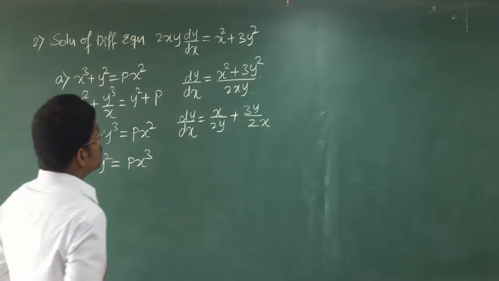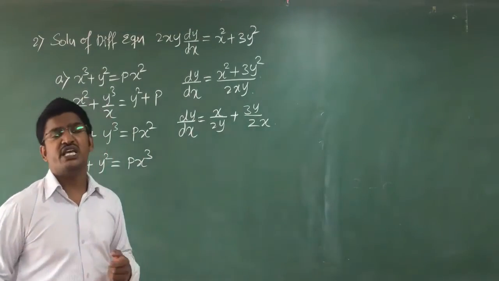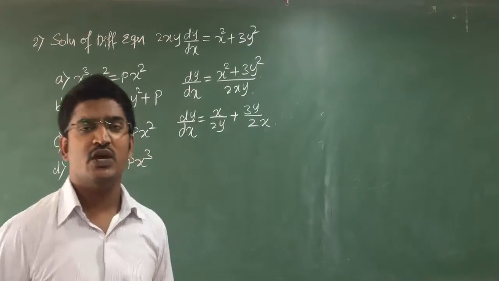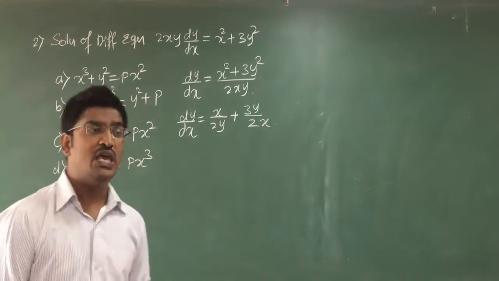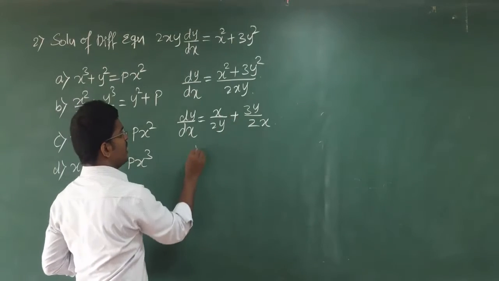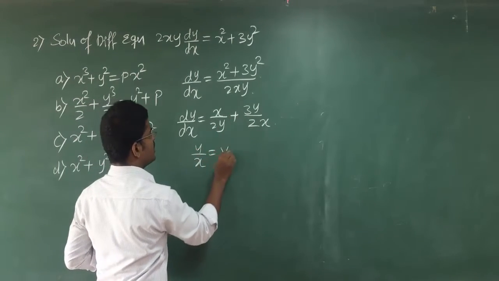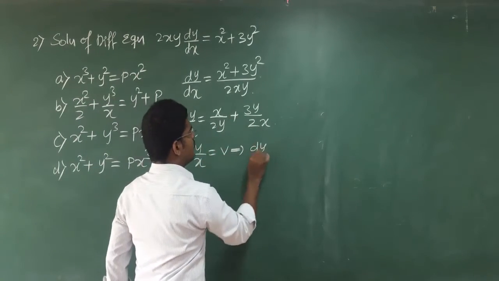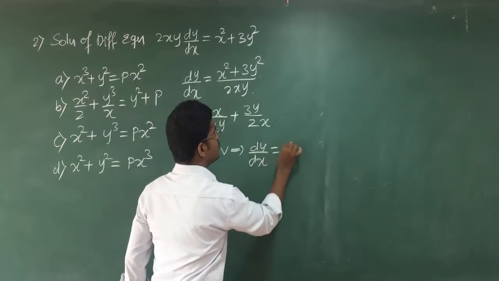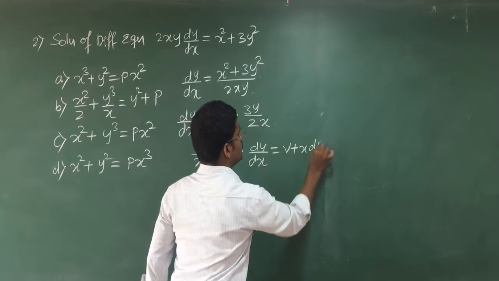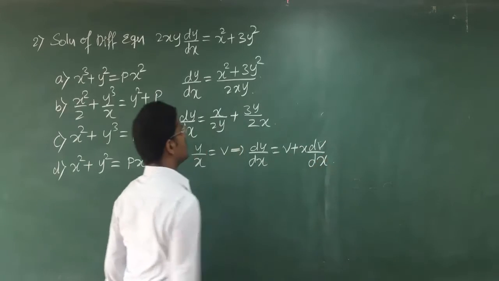Now again this is in the homogeneous form. So for that you have to put y by x as v. This implies dy by dx equal to v plus x into dv by dx. Clear?